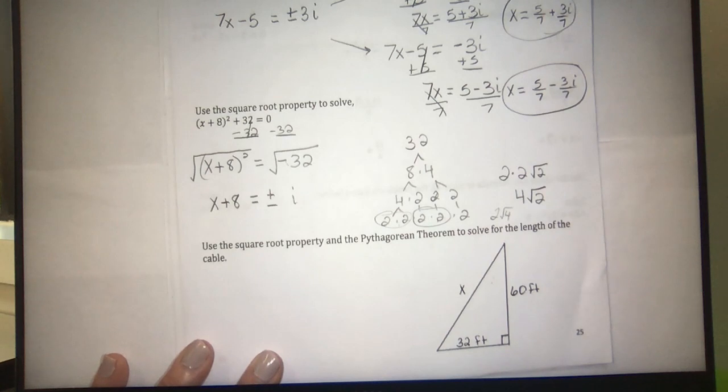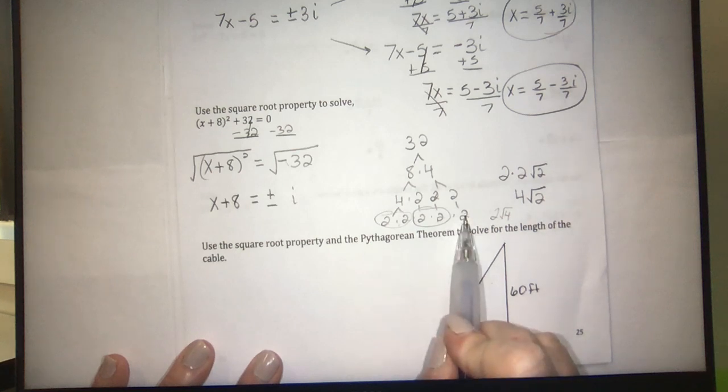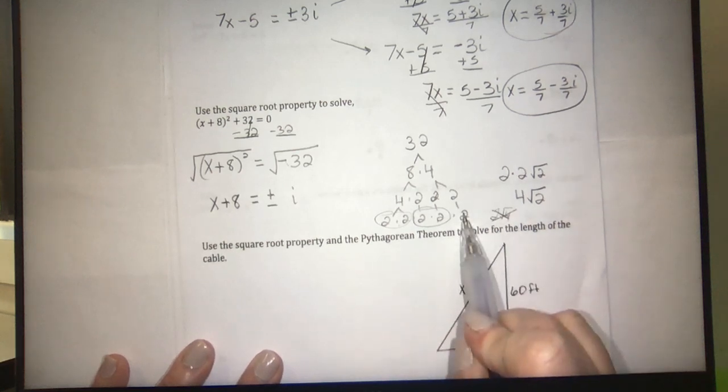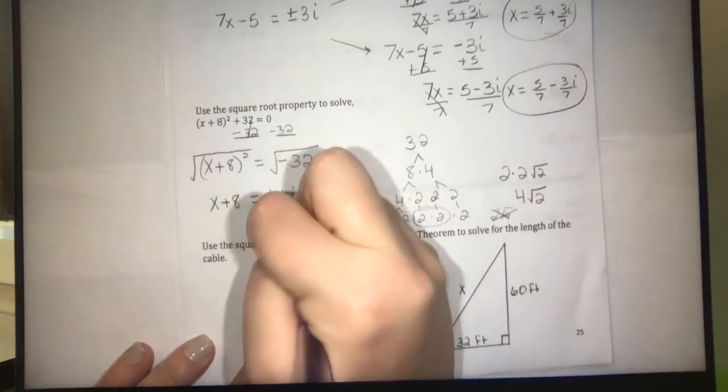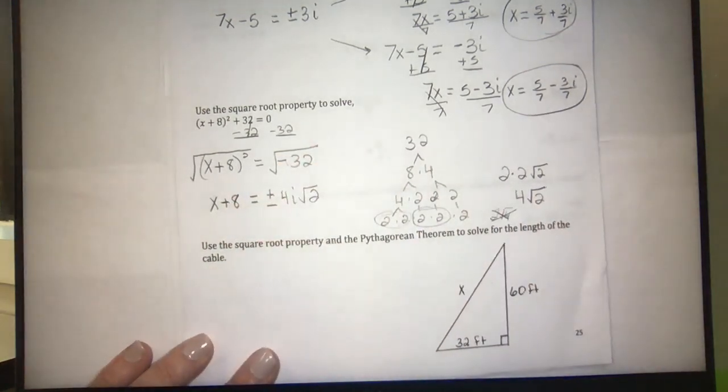You did the factor tree perfectly, you circled the groups, but you got confused about where the numbers go. Remember this, radicals are for leftovers. Leftovers only. He's a leftover. He's the one that stays under it. Everybody else comes out. So here's my 4 that came out and my 2 that stayed under.